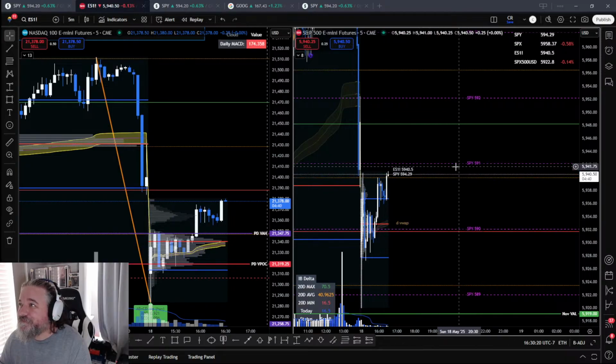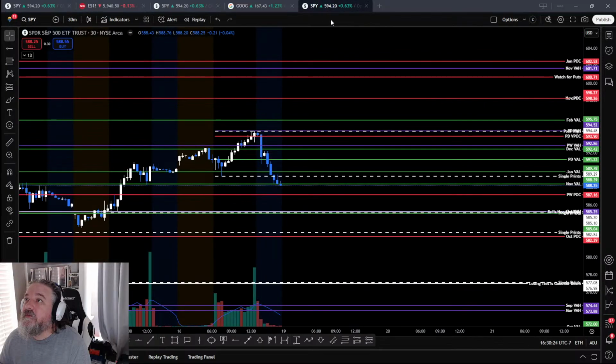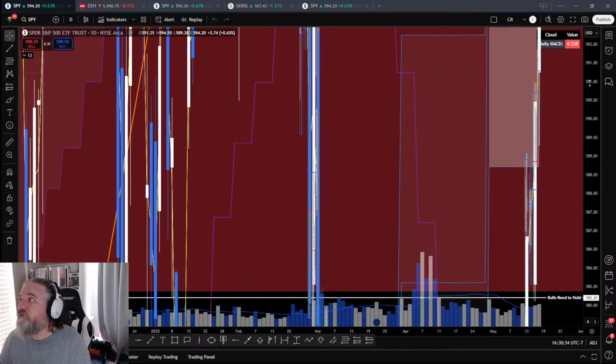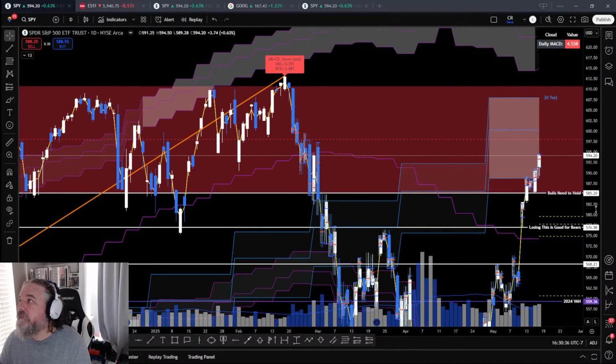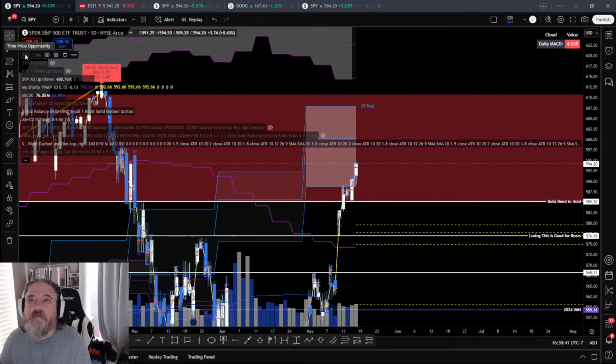They're almost back to 591, which is pretty wild. So we're right around the previous day value area low. Zooming out on SPY isn't really going to tell us too much right now. Like I said, they're acting pretty crazy.